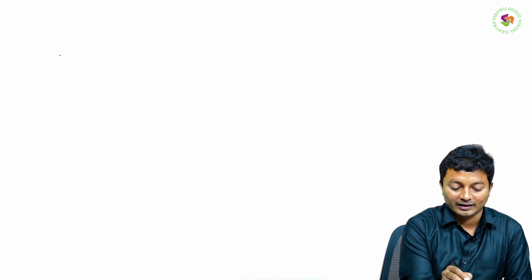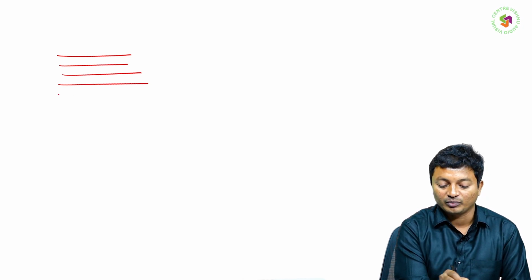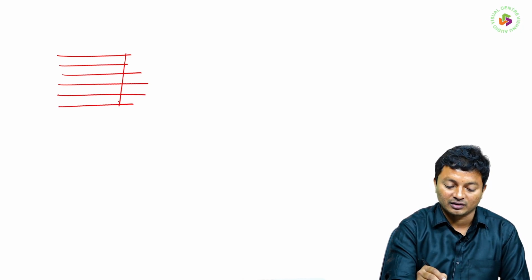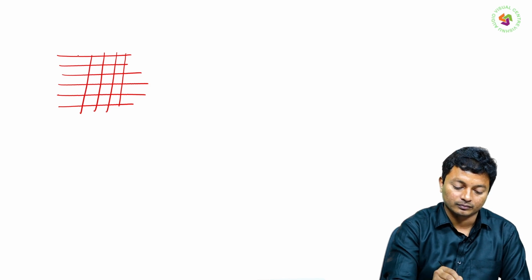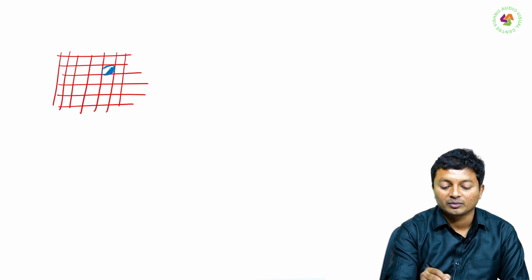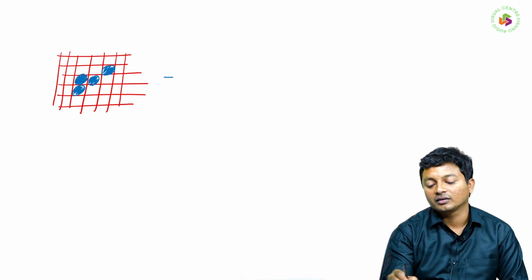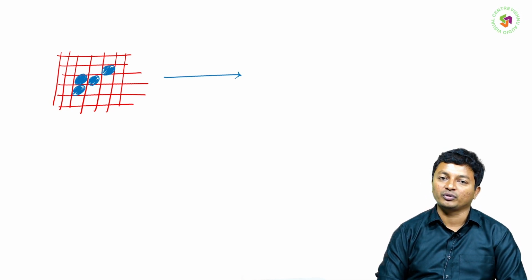To understand this mechanism of detergency, let us consider a diagrammatic structure. Here we have a surface like this. On this surface we have some dirty particles like this, and these dirty particles have to be removed.